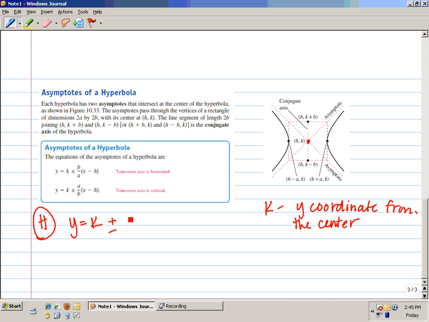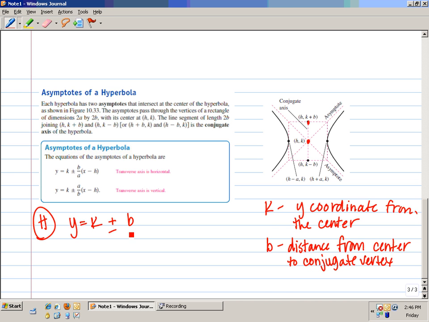Plus or minus b. b is the distance from the center up the conjugate axis. So that's kind of the minor axis. To the conjugate vertex.